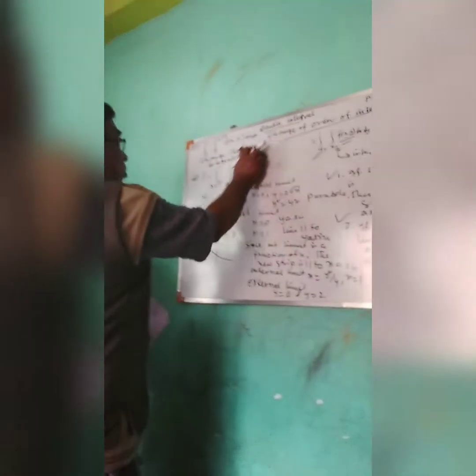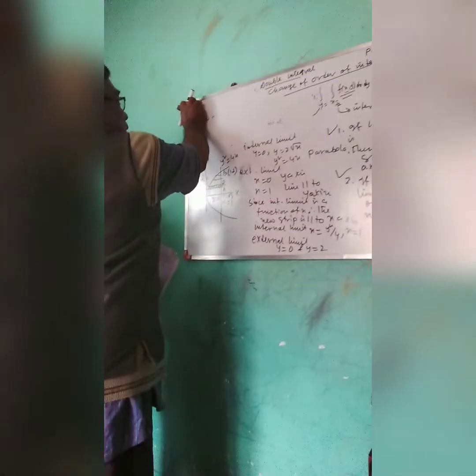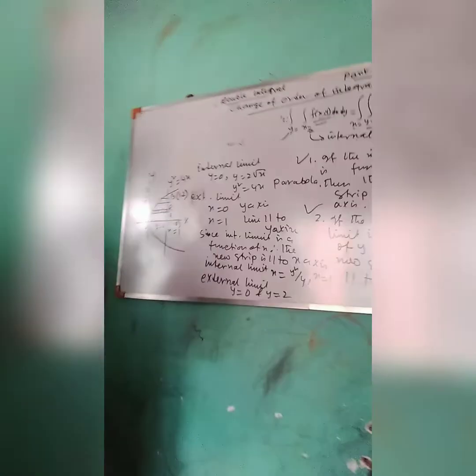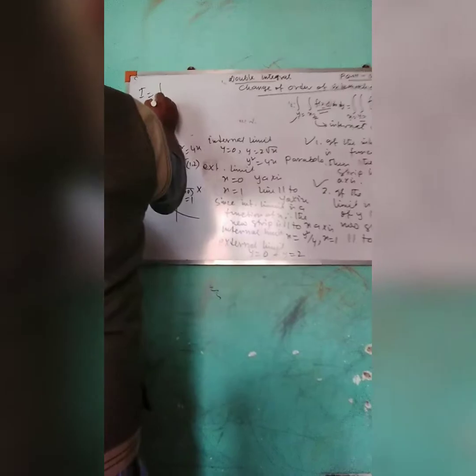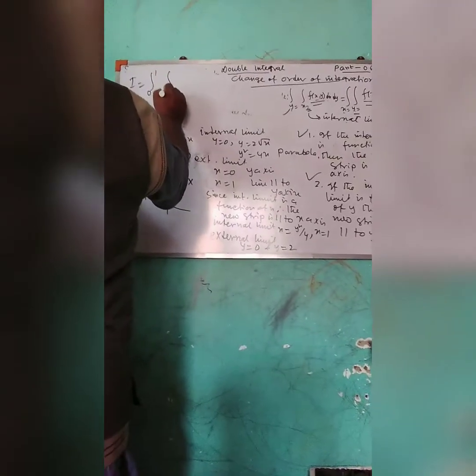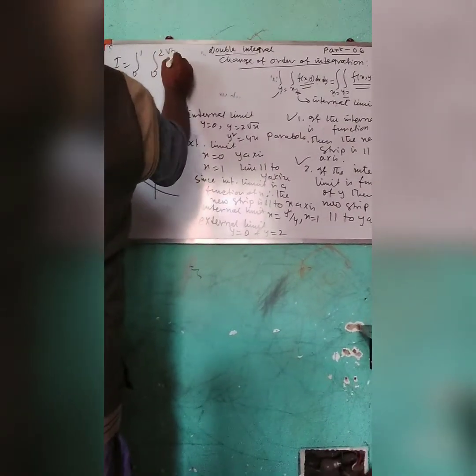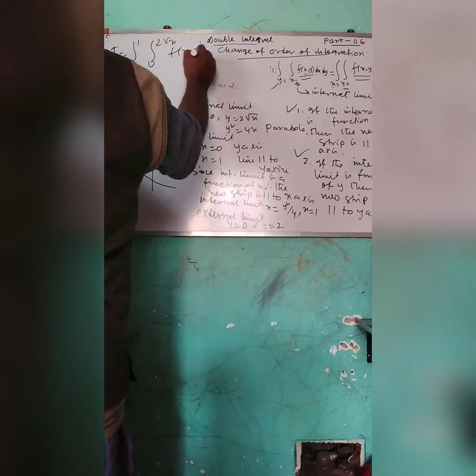Now, I am removing the new strip. The original integral was I equal to the integral x from 0 to 1, y from 0 to 2 root x, f(x, y) dy dx.